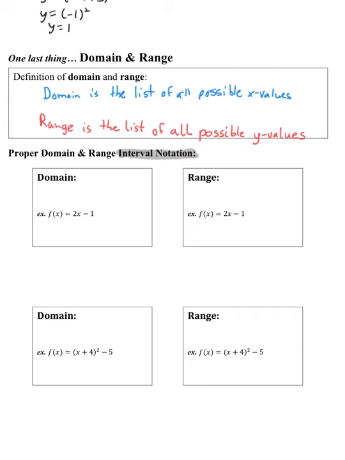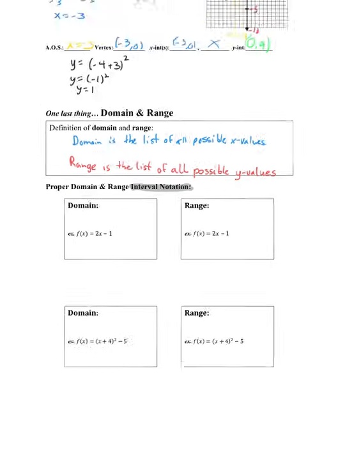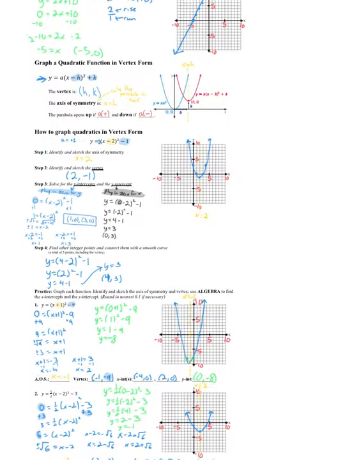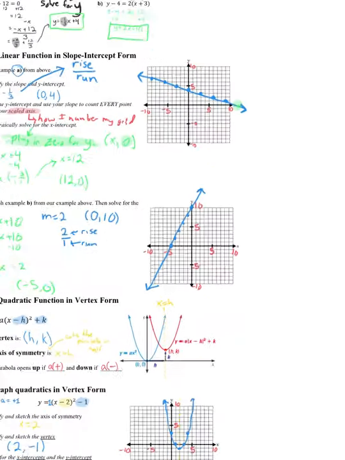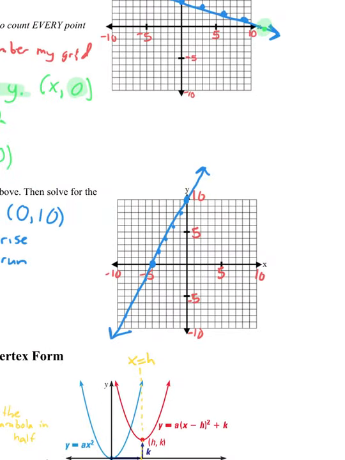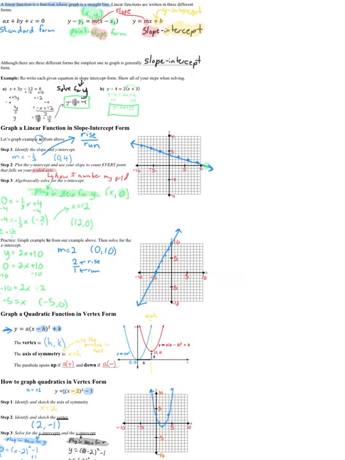And domain, for example, of a linear function, no matter what, if I went back and looked at a linear function like a line, you can see that this goes up and down forever on this line, and I have arrows that show that it goes on forever. So it means whatever number I plug in for x, I'm always going to get a y output. That's what domain and range would be.